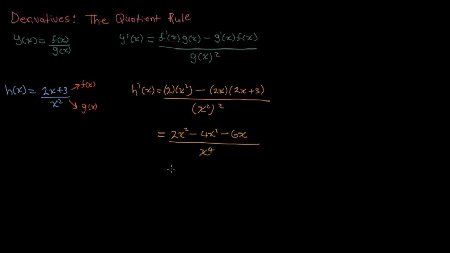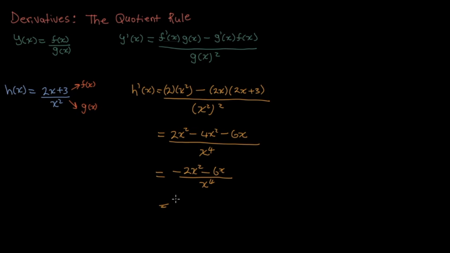And of course you can simplify this even more. What we can do is collect these two terms: 2x squared minus 4x squared is equal to negative 2x squared minus 6x, divided by x to the power of 4. And then from here, we can factor out an x.